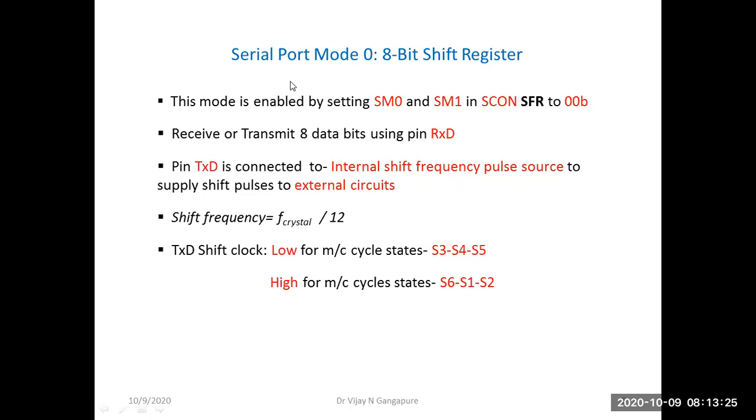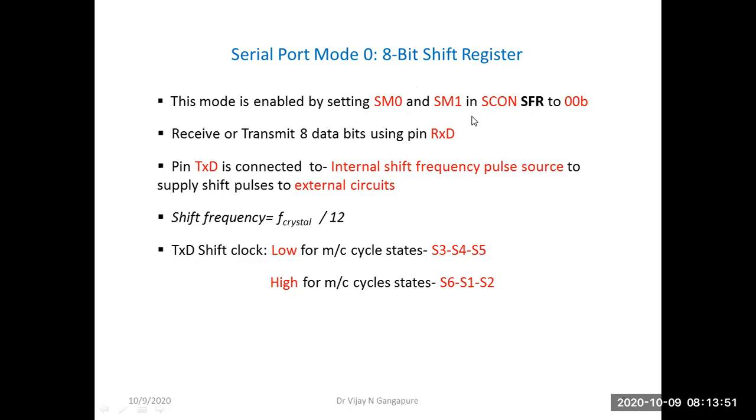So this serial port mode 0, that is 8-bit shift register mode, can be enabled by setting SM0 and SM1 bits from SCON SFR. So in previous lecture we studied format of SCON SFR. In that, to set a mode, there are 3 bits, SM0, SM1 and SM2.